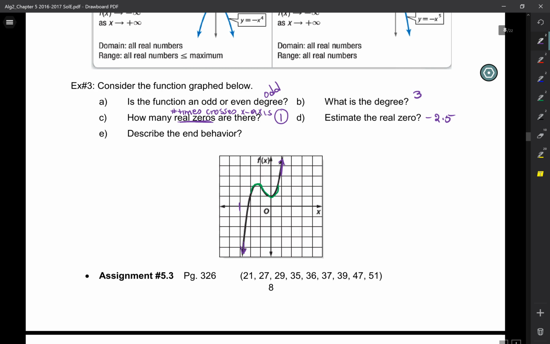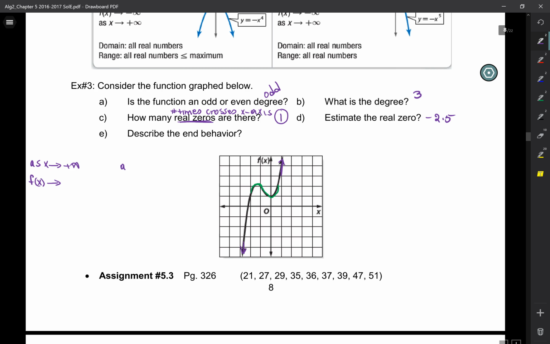Now, describe the end behavior. For end behavior, before you even look at the graph, first set it up. And the way we set it up is this. As x approaches positive infinity, f of x approaches some blank that we're going to fill in a minute.